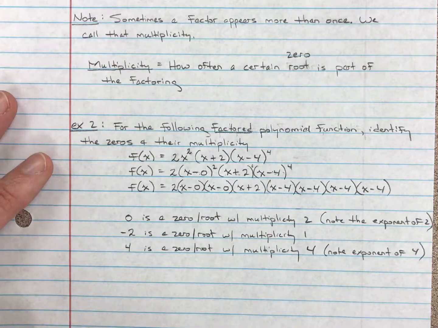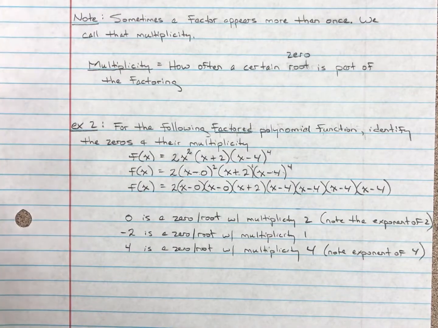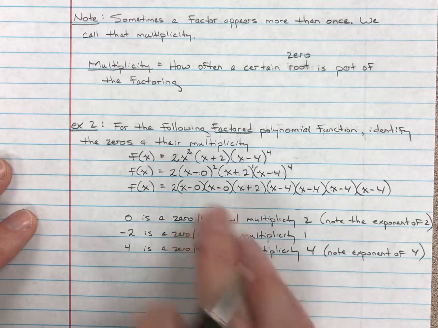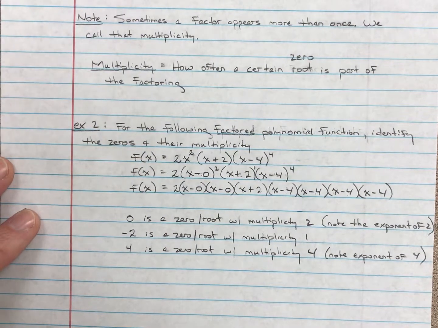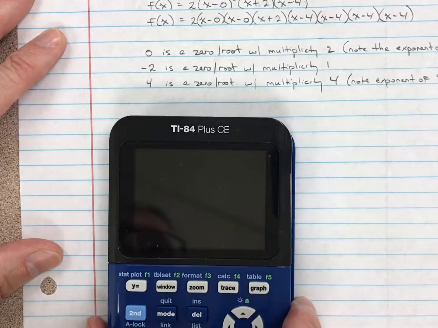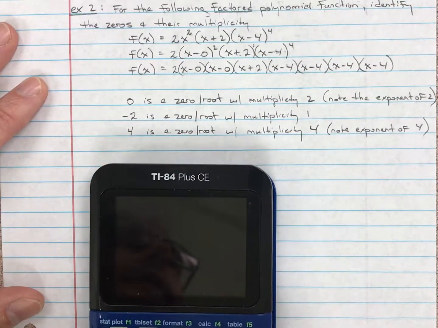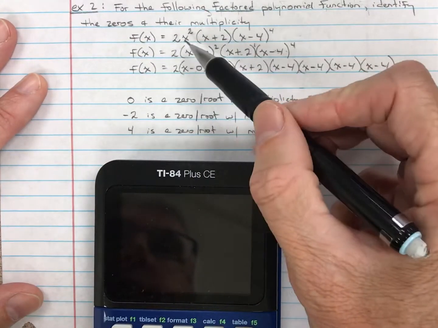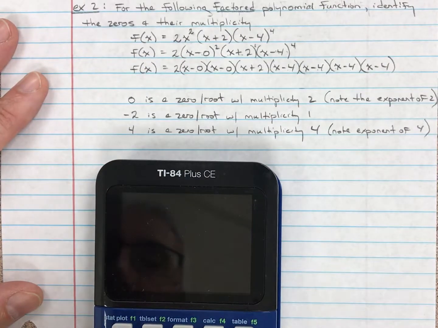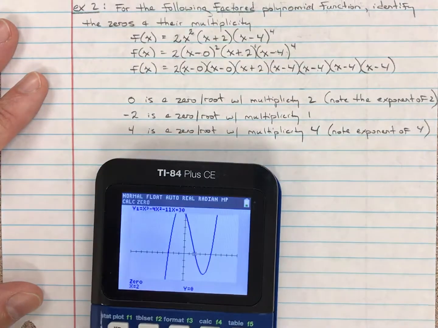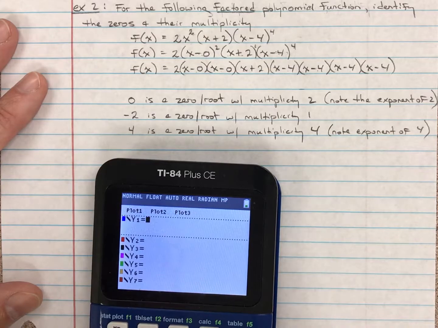Now I want to pull out a couple of things, but first of all, let's take a look at the graph. Then I want to come in and pull some other things with this. Okay, so the graph of this one, I think I got it right here. F of x equals 2x squared. So y equals, let me turn my calculator back on, clear this one.